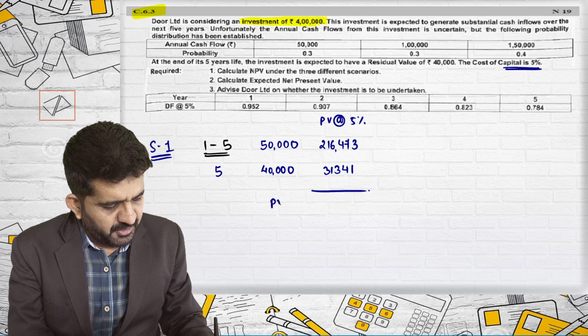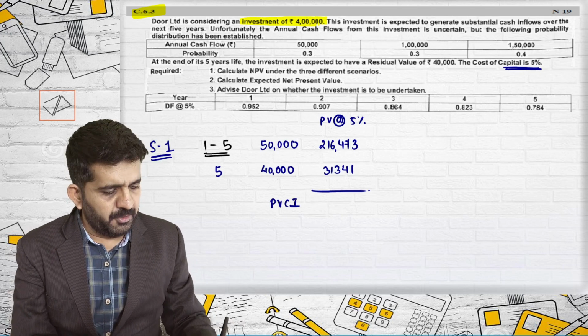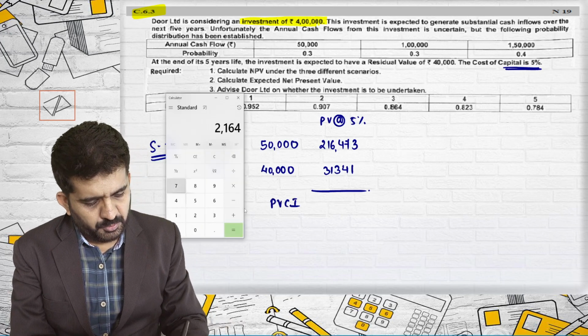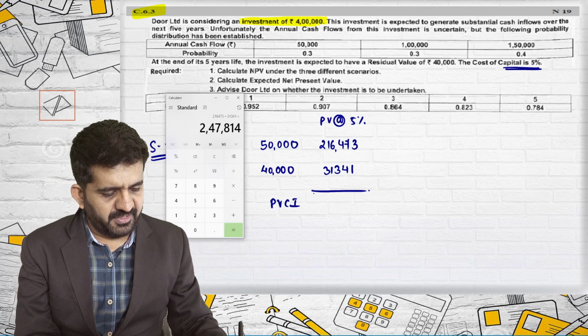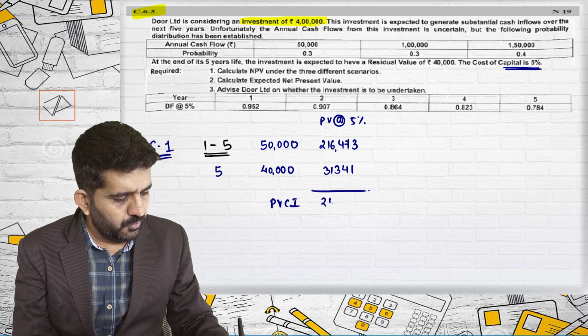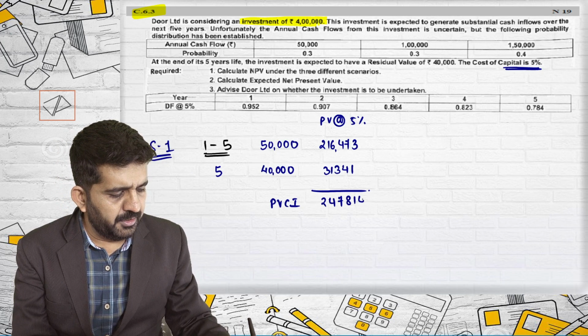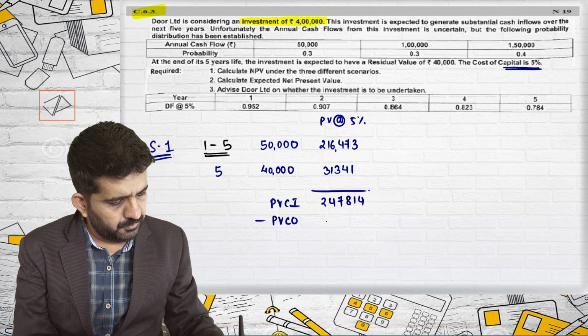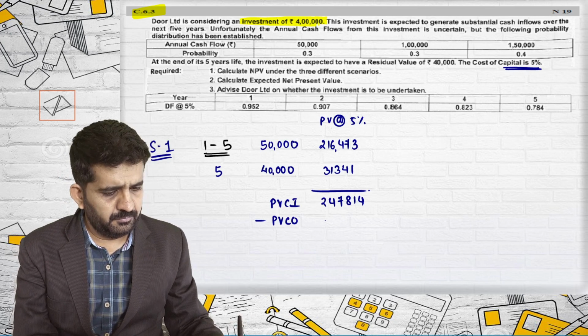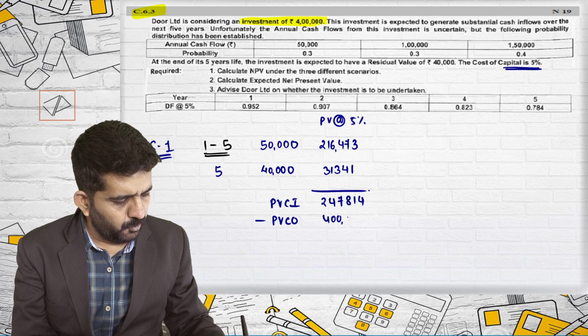What will be present value of cash inflow will be total 2,16,473 plus 31,341, which is 247,814. 247,814 minus present value of cash outflow is 4 lakhs rupees.